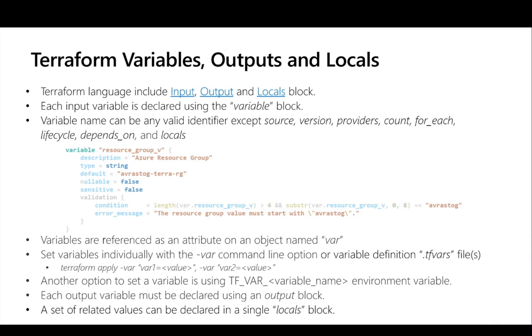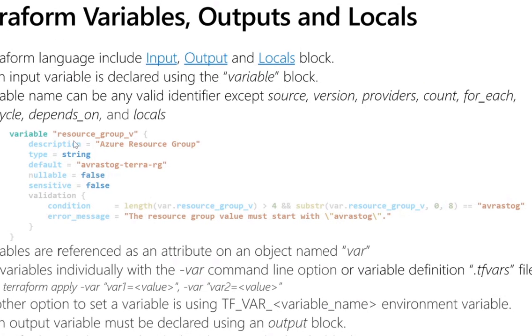So like every other language, Terraform also has the concept of input and output variables, as well as the locals block. And each input variable is declared using a variable block. So here is an example of one of the variables. Here we are defining this resource group variable, the description of the variable, and the type of the variable.